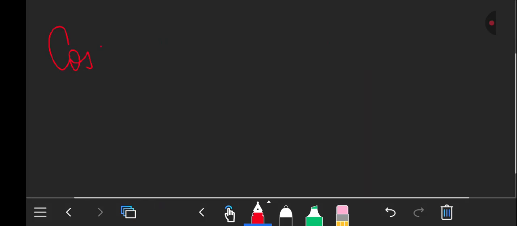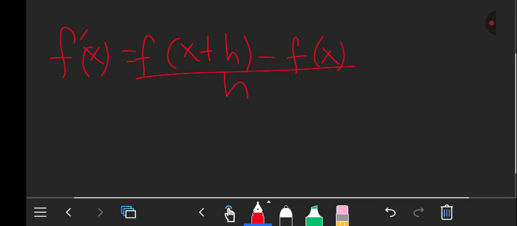Let's get into it. So as usual, let's write first the formula. So we're going to say derivative of the function f of x is equal to f of x plus h, then minus f of x, the function itself, over h.